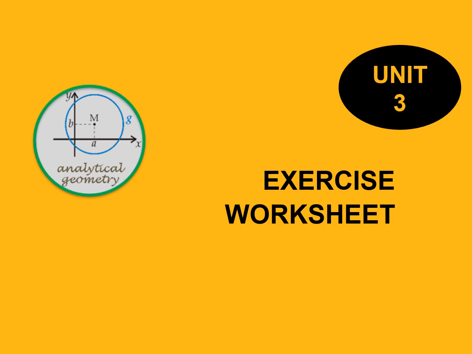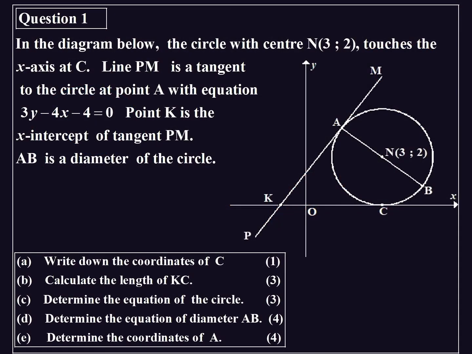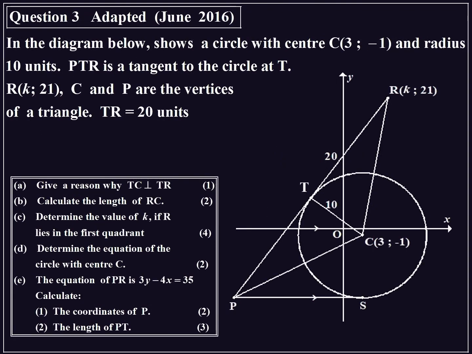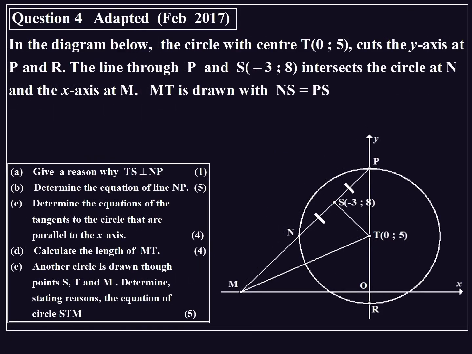Now let's look at the first one. If we look at that, there's a diagram. They want coordinates of C, lengths, equations of circle, equations of, you know, to what we've done before. You see coordinates of a point, equation of a tangent, lengths, find equations of circles. If we look at this question again, same type of question. They give reasons why TS is perpendicular.